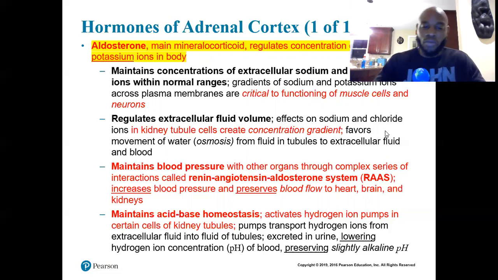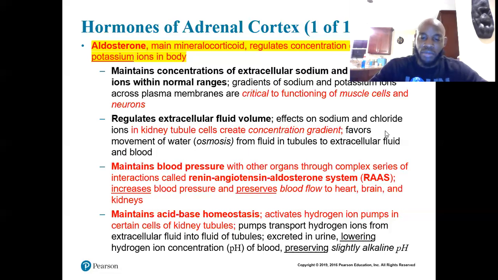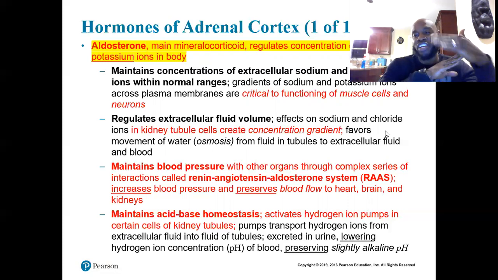If your blood pH, which is supposed to be at 7.3, 7.4, gets too low, we can pump out hydrogen ion and therefore raise your blood pH to maintain it slightly alkaline, right?